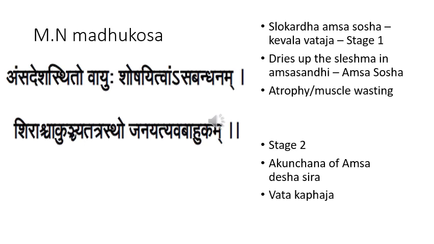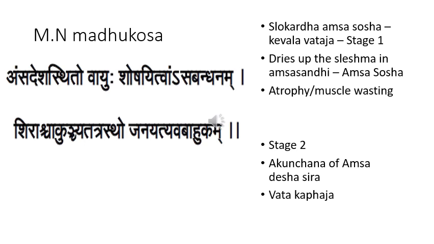The Madhukosha Tika mentions that the first part of the line indicates a condition called Amsa-shosha, where due to the nidanas there is drying up of the shleshma in the Amsa-sandhi, leading to atrophy or muscle wasting. That condition is Kevala Vataja.